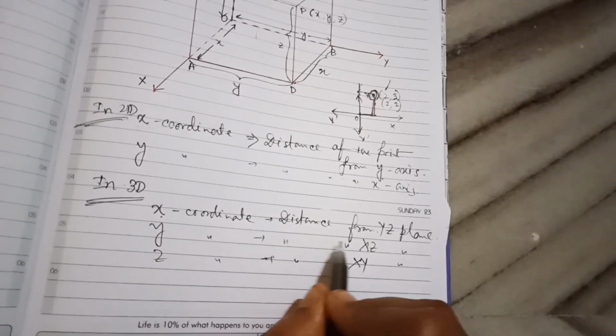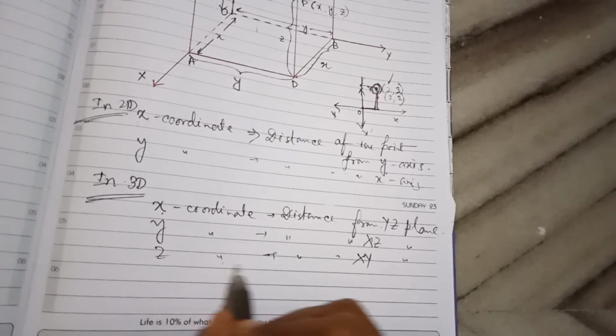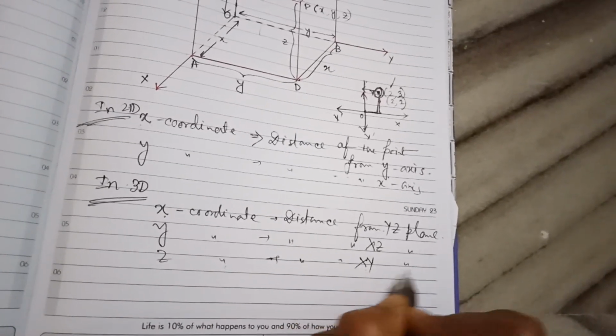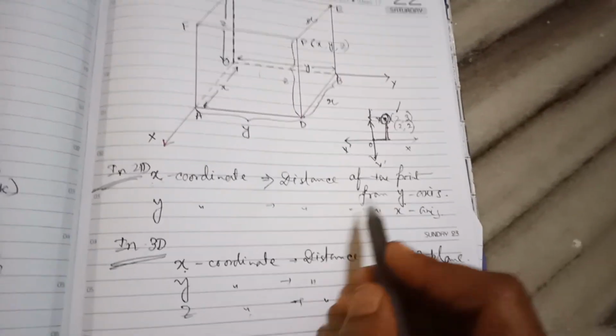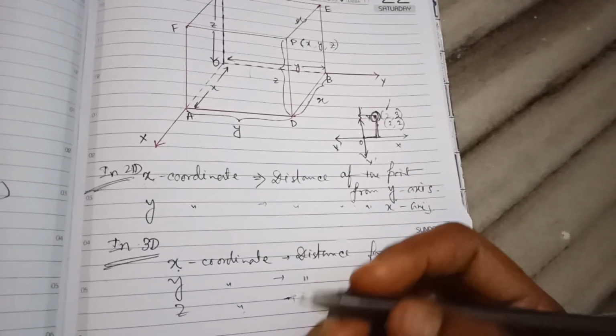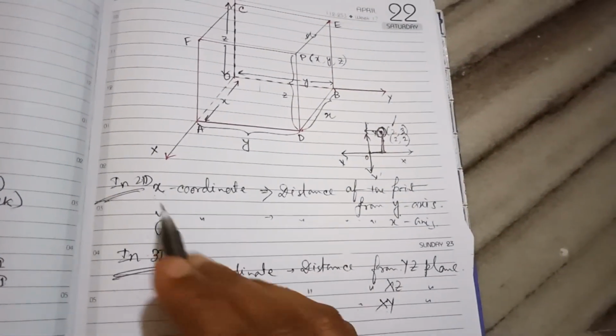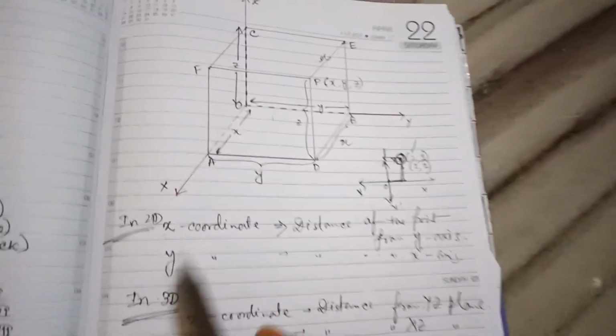Y coordinate, distance from the XZ plane, y is missing here. Z coordinate, distance from the XY plane, z is missing here. So this is the similarity between 2D and 3D. 2D means the basic thoughts, 3D means its elaborated way.